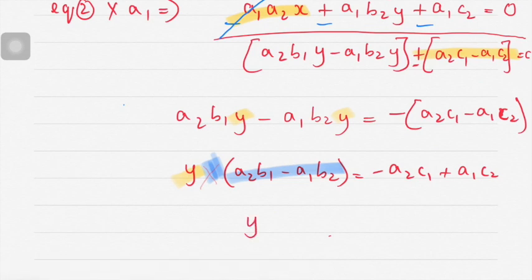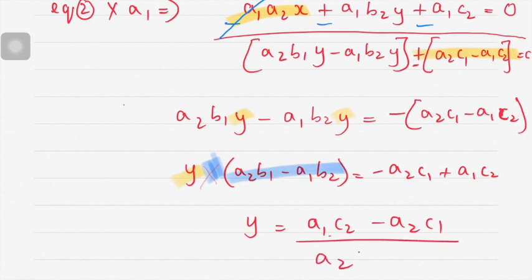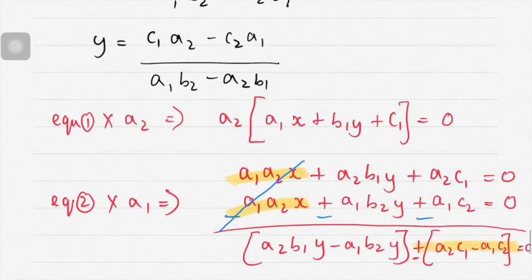It is y into a2b1 minus a1b2, correct? So y is equal to a1c2 minus a2c1 upon a2b1 minus a1b2. So this is how the formula is derived.